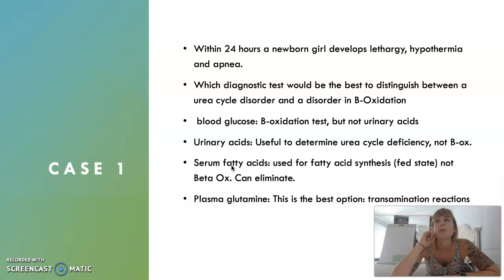So glucagon and epinephrine are going to inhibit, and insulin will activate this cycle. So that leaves us with the plasma glutamine option, and that's because you do see overlap between beta oxidation and the urea cycle with the plasma glutamine. And I'll show you that on the next slide.